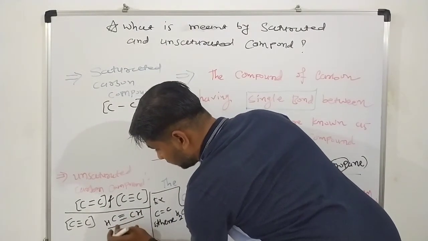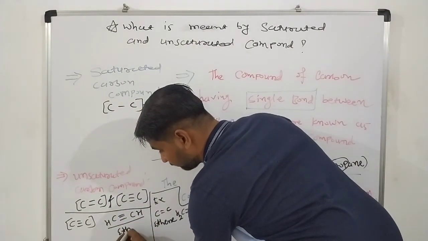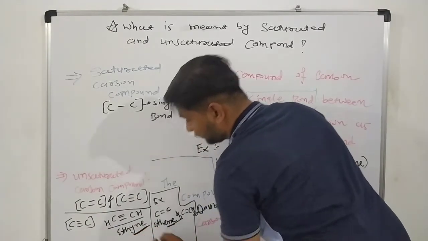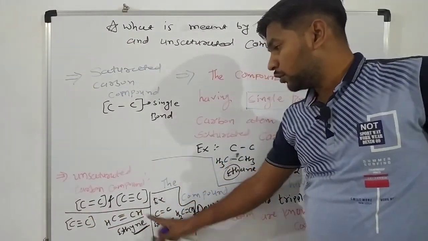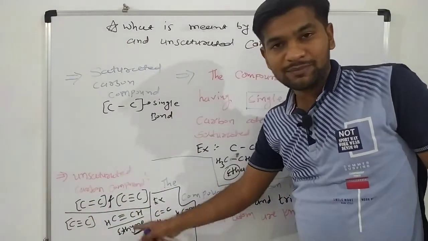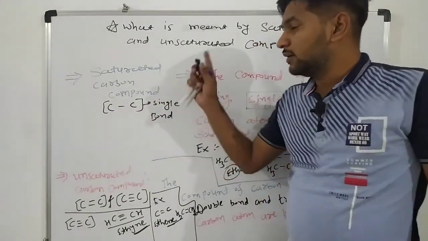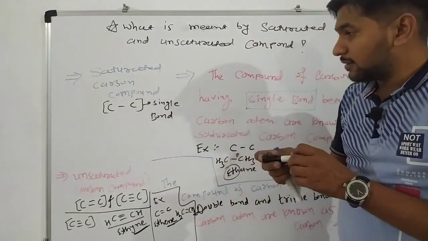So here it is a triple bond, so we write ethyne. Here ethene, ene; here yne. The double bond and triple bond both are unsaturated carbon compounds, and carbon single bond is a saturated carbon compound.